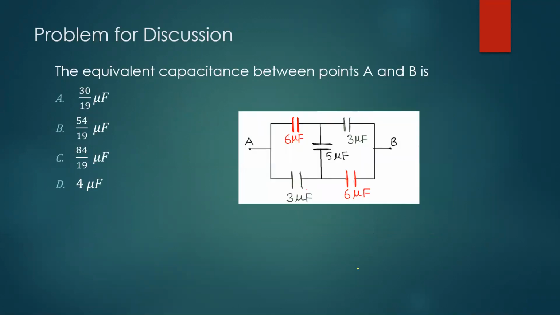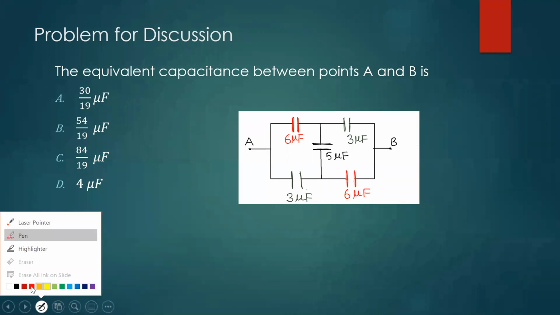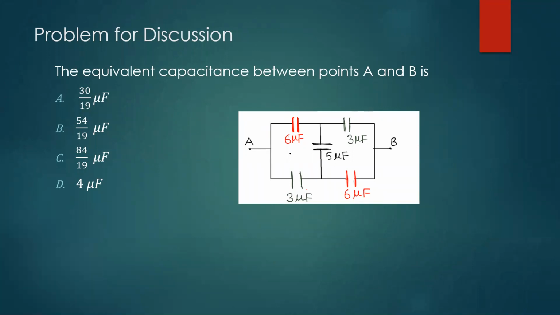So we have one last question. Okay, so try this. Look at Wheatstone bridge, and that too balanced Wheatstone bridge. The idea is this. The potential should be same, that 5 microfarad capacitor should become useless.